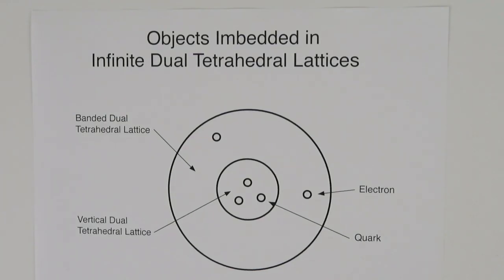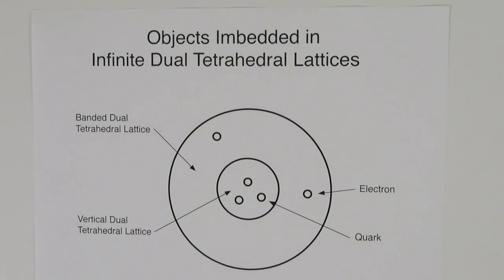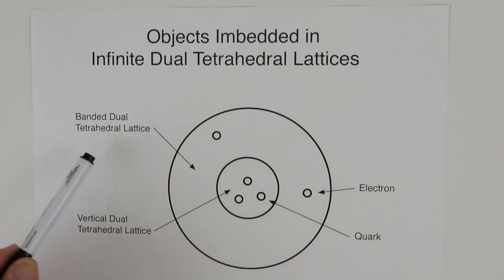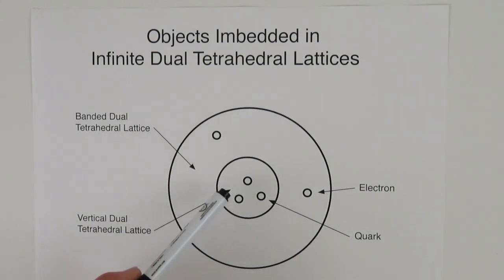In an attempt to make sense of the possible utilizations of the two forms of the dual tetrahedral lattices, I've made up this image. Supposing we have a construct of an outer field made of the banded dual tetrahedral lattice and an inner field made perhaps of the vertical dual tetrahedral fields.